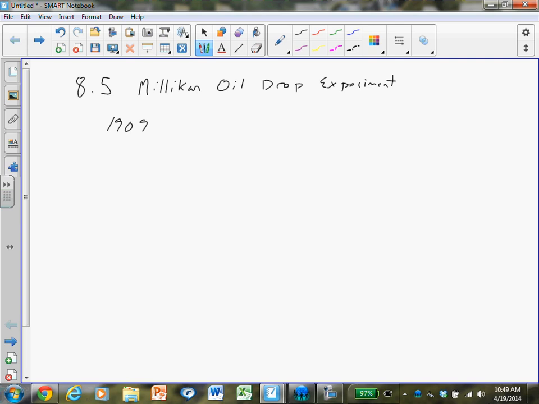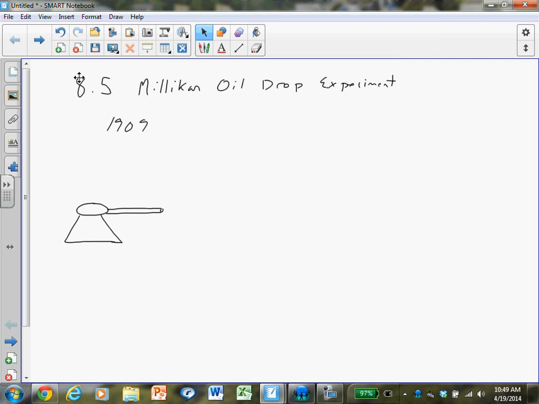oil droplets with a modified, if you look at the old perfume things that would squirt out perfume, they would go down a long, thin tube to get those into fine droplets.